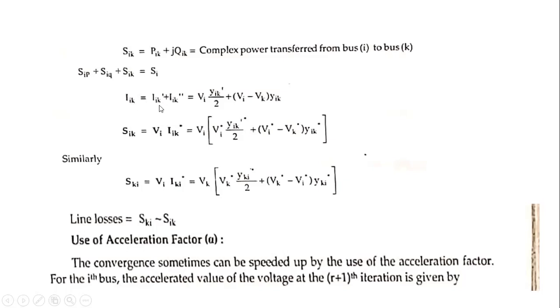Therefore IIK is equal to IIK dash plus IIK double dash, that will be equal to VI YIK by 2 dash plus VI minus VK into YIK. Next, substitute this IIK in the power formula: SIK is equal to VI into IIK.